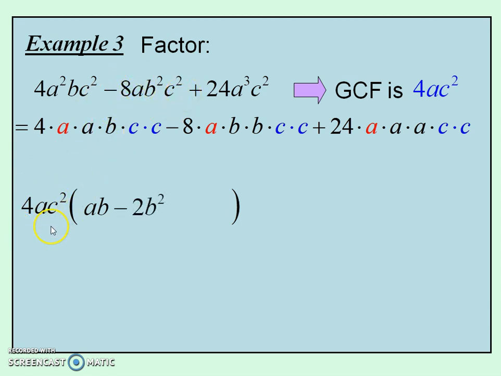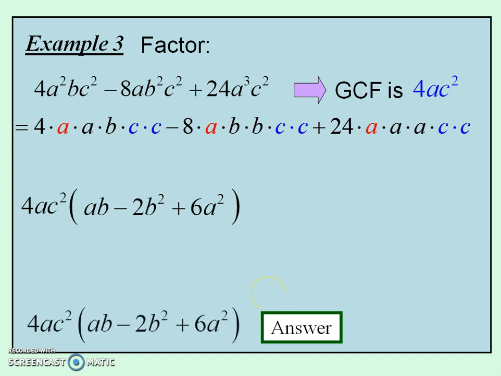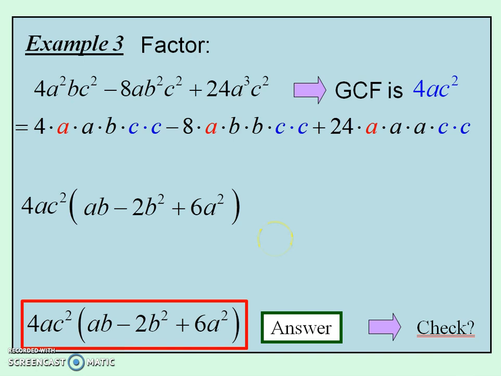A and A cancel, C squared cancel. I'm left with B squared. And 24 divided by 4 is 6. A cubed over A is A squared. The C squareds cancel. As a check, if I expanded this, I would get back the original. This factor here does not have any common factors within it, so that's good.